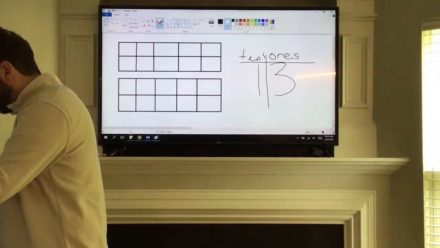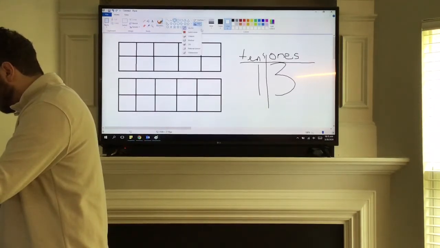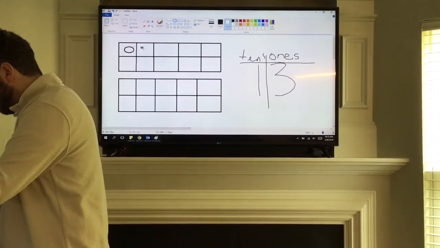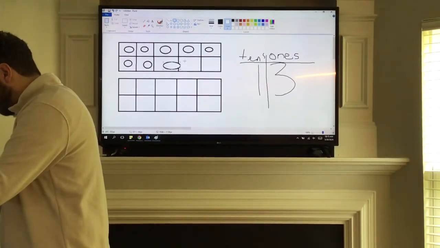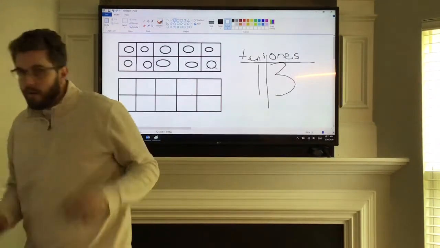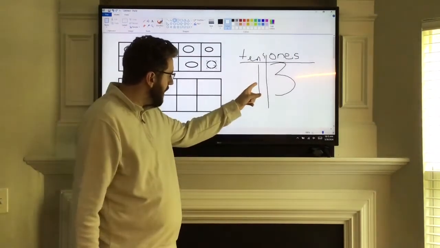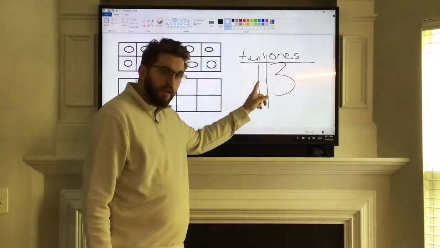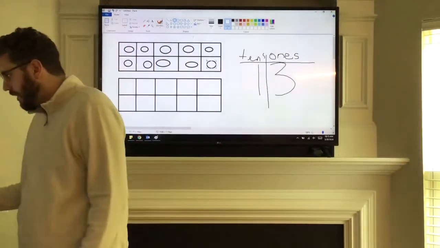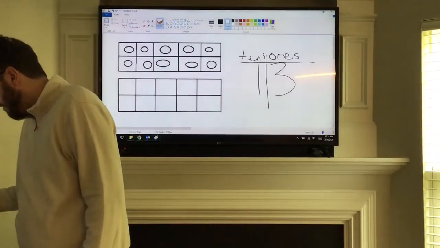So we know that this 1 10 represents 10. So we're going to even draw a 10 right here.